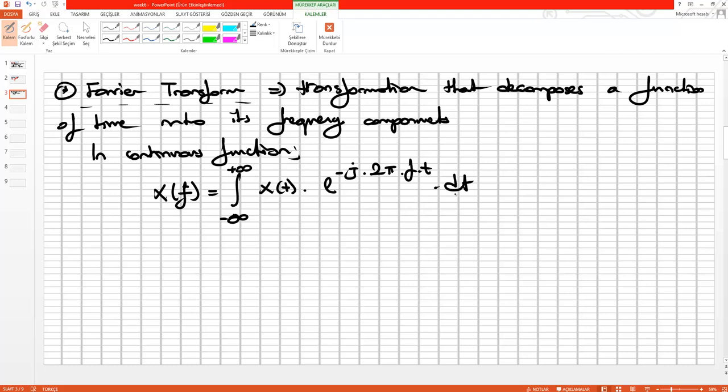And if we can calculate this integral, then we will get the frequency pattern of these terms. But this integral is important because this is our signal, right?